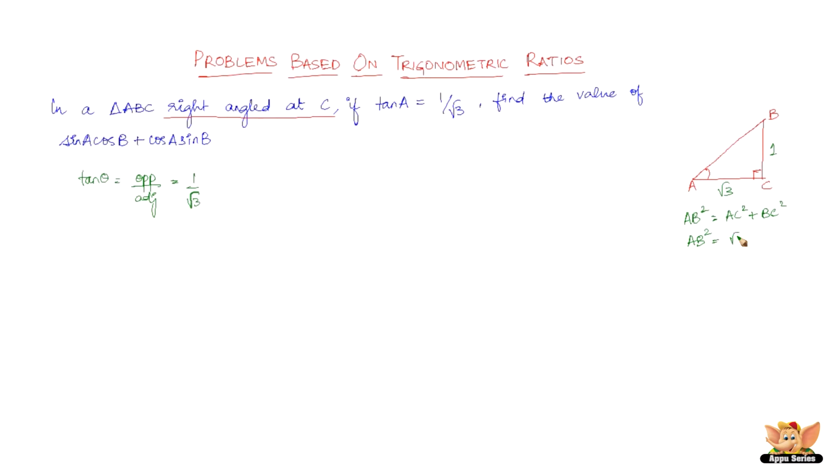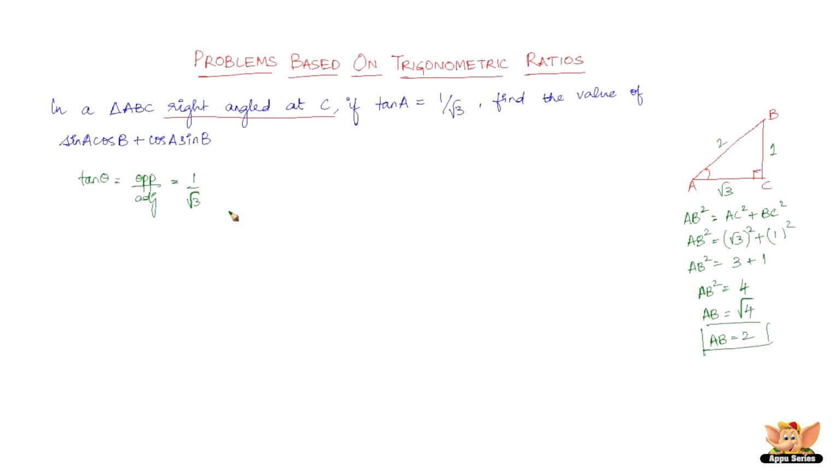AC squared is root 3 the whole square plus BC squared is 1 square. So AB squared is 3 plus 1, which is 4. If AB squared is 4, AB is the square root of 4, which is 2. So the value of AB is 2.